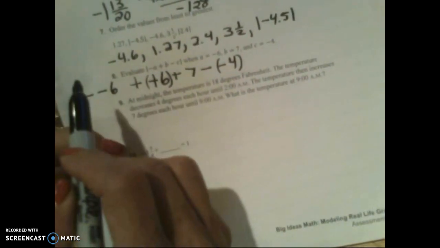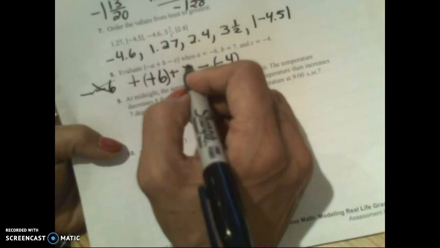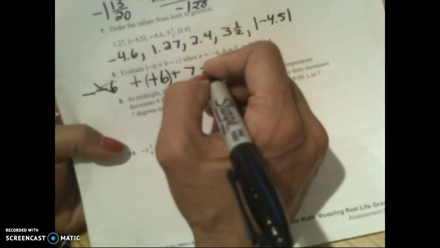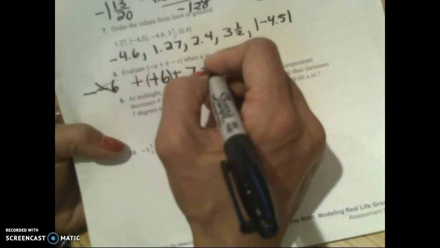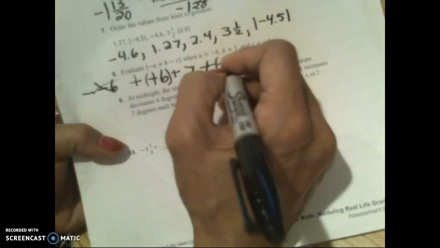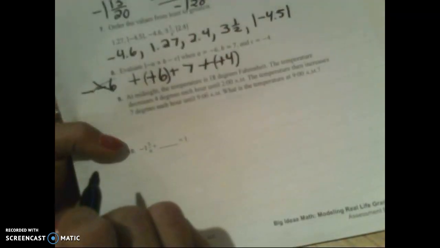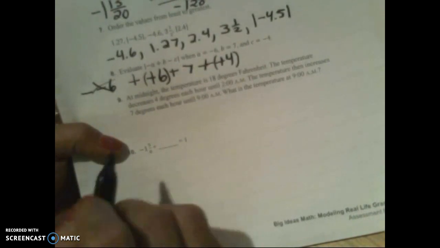So that's where they felt there was confusion. So on a number line, let's put this off to the side. If I'm at 7 and I owe another 4, now I owe 11. And that's where all the confusion was.